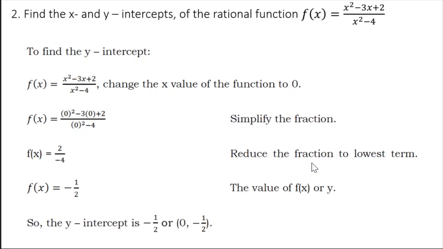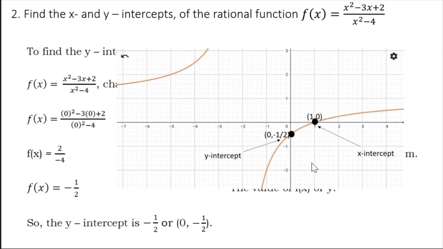So the y-intercept is negative 1/2, or in the ordered pair 0 and negative 1/2. In the graph, this is our y-intercept there. So the x-intercept is in the point 1 and 0, and the y-intercept is in the point 0 and negative 1 half.